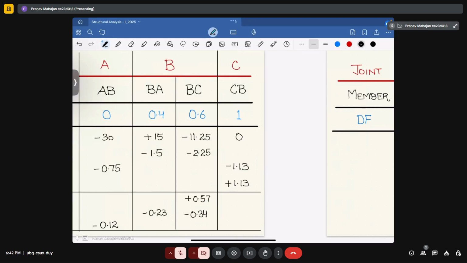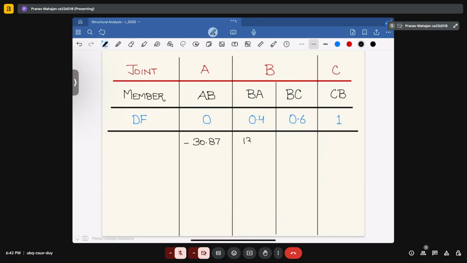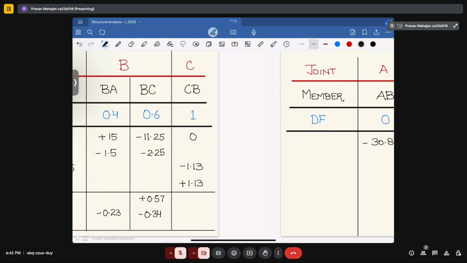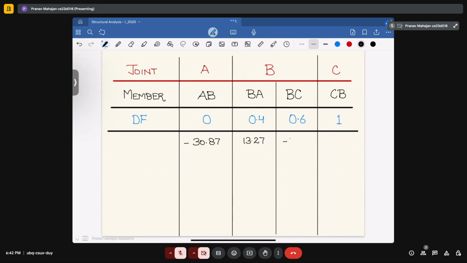And you can see here 15 minus 1.5 minus 0.23. It will give you the value as 13.27. And the corresponding other values will come out as minus 11.25 minus 2.25 plus 0.57 minus 0.34, and it will give you the value as minus 13.27.